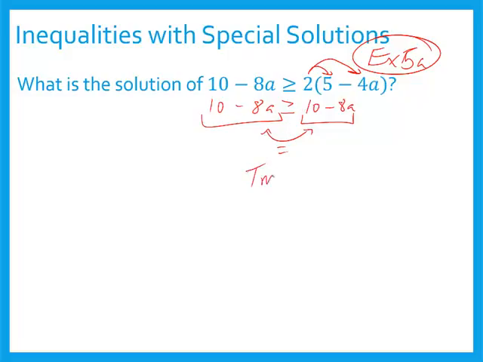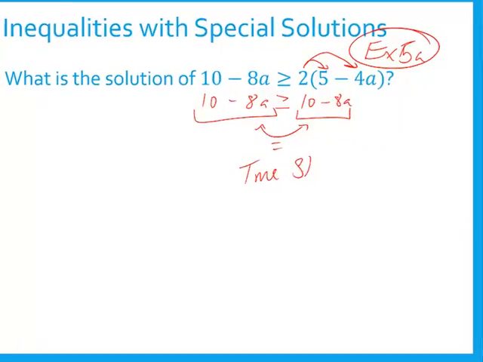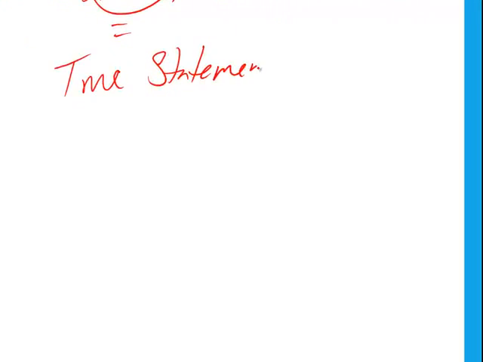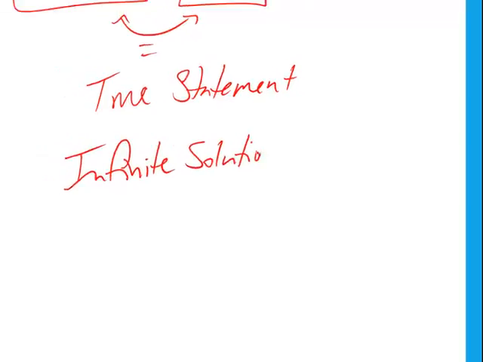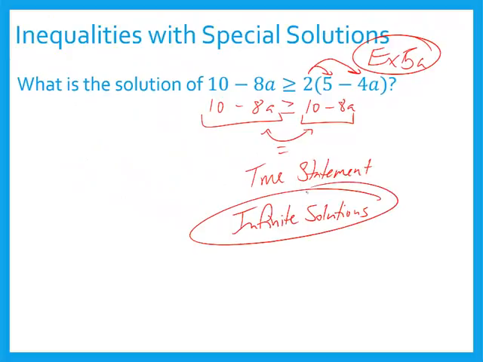So this is true. True statement. Because 10 minus 8a is equal to 10 minus 8a. So that means we have infinite solutions. When it comes to this type of problem, and you have your inequality, the inequality does make the difference.